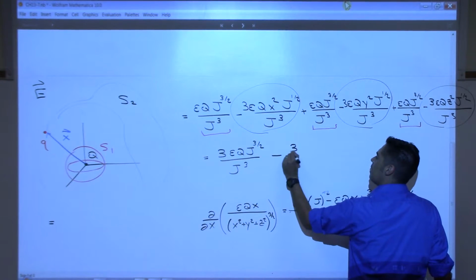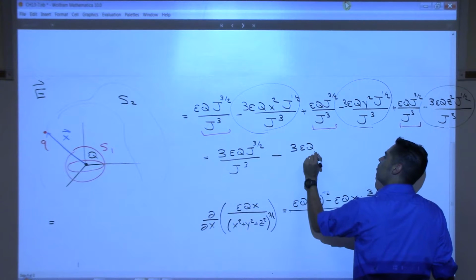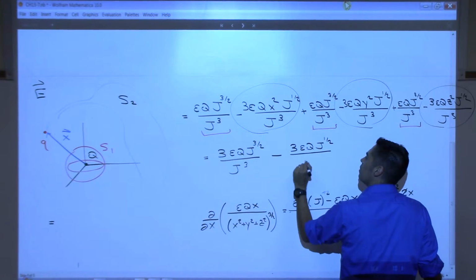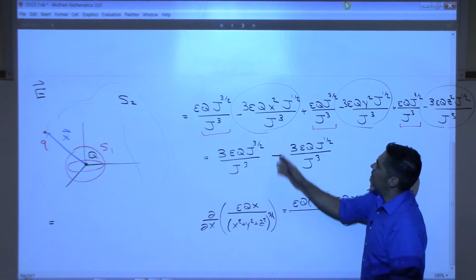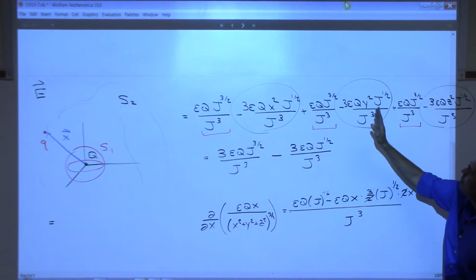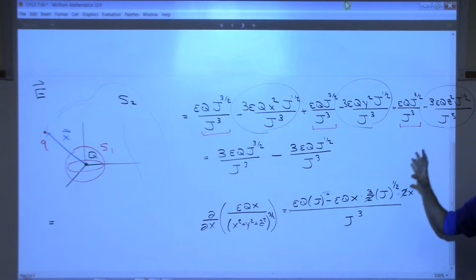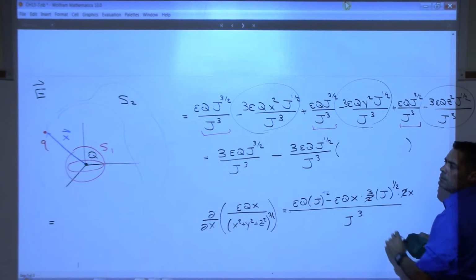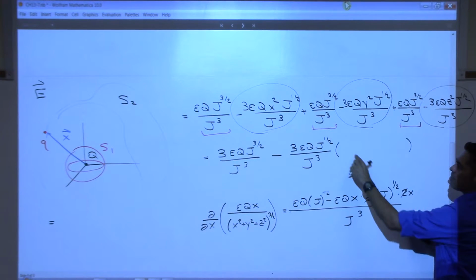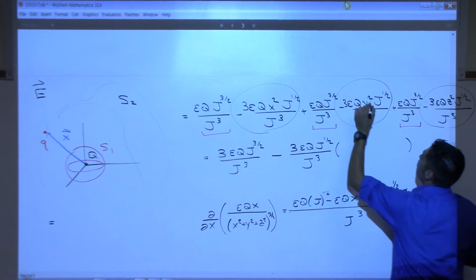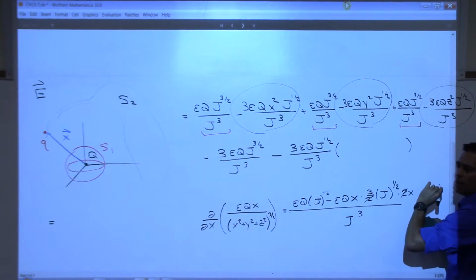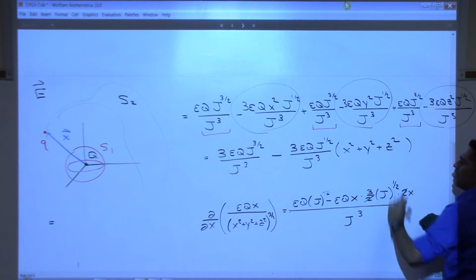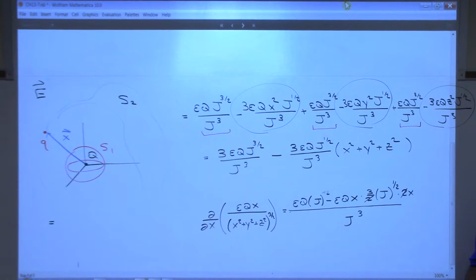Minus 3 epsilon q junk to the 1/2 over junk cubed. That's what they all have in common, right? So I'm factoring that out of those 3, and what's left over here? The x squared plus y squared plus z squared, right? But what's x squared plus y squared plus z squared?